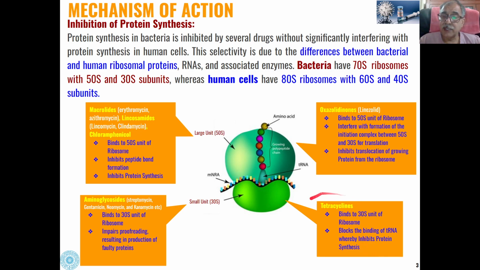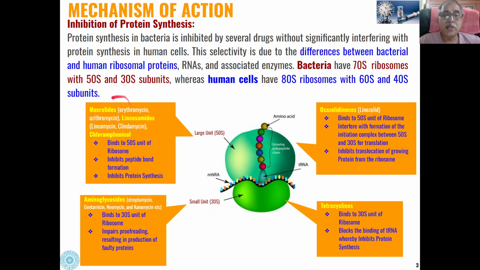For example, tetracyclines and aminoglycosides act on the smaller subunit, so they will inhibit protein synthesis at the smaller subunit.